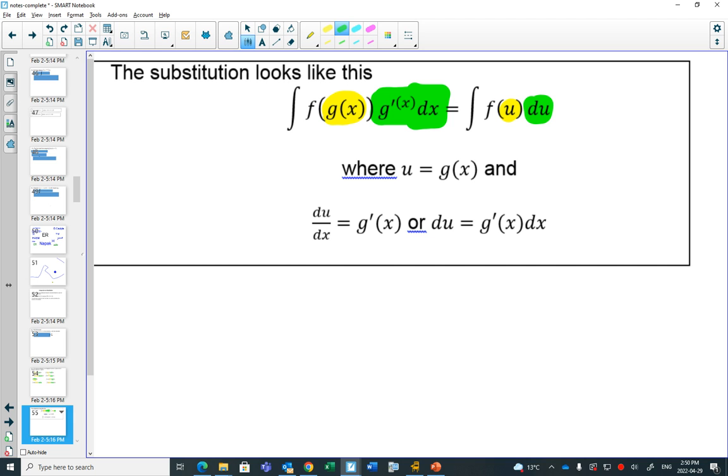If we do a substitution and we say that u is equal to g of x, color coding it in the same way, if we take the derivative with respect to x of this side, we would get du dx. And if we took the derivative with respect to x on that side and change it to the other notation, we get g prime of x. Okay?